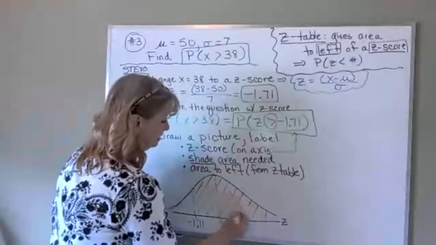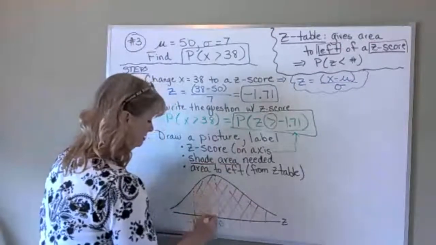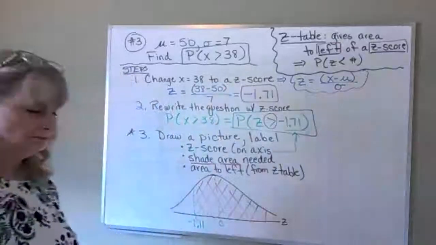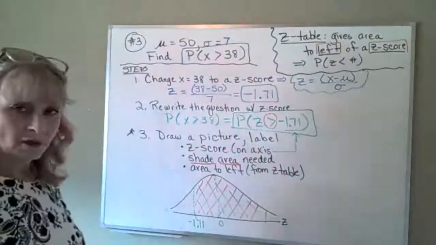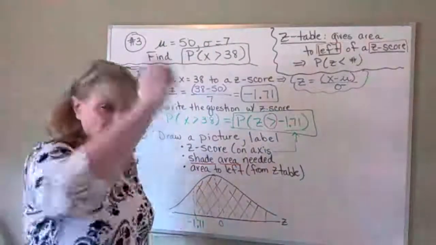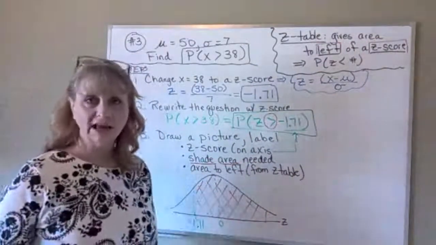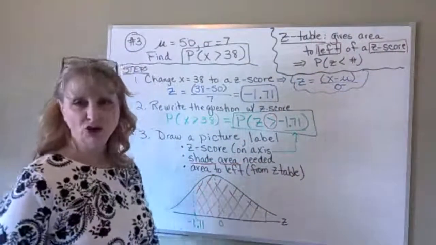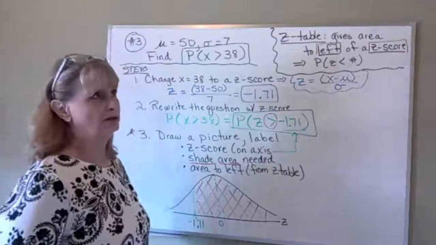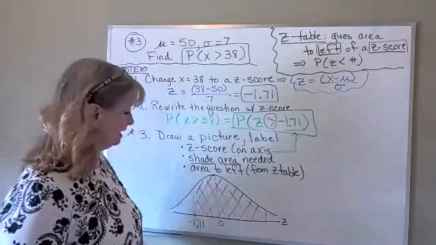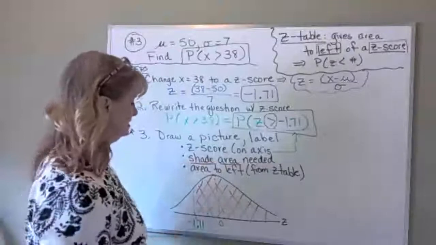I would color that in, but that would be a lot of stuff to erase. If you're shading, you could just put squiggly lines or something, however you want to shade it. Practice doing that in your work. I put a few show work problems in 5.2, so you could practice doing that. Okay, so I did that.